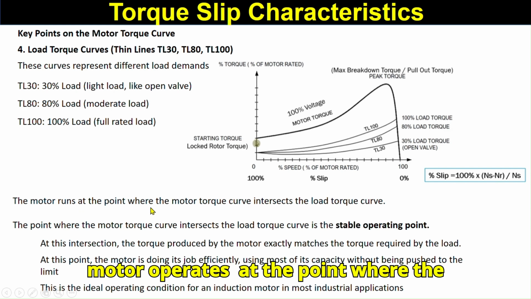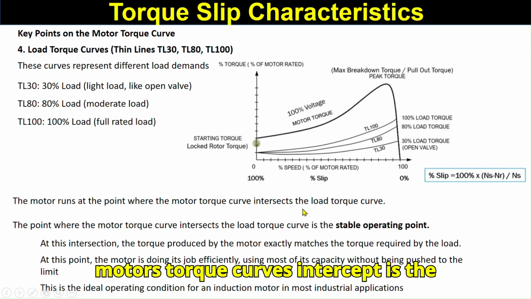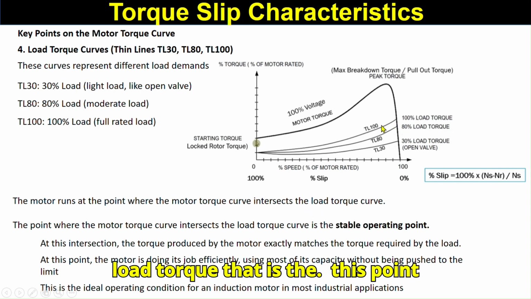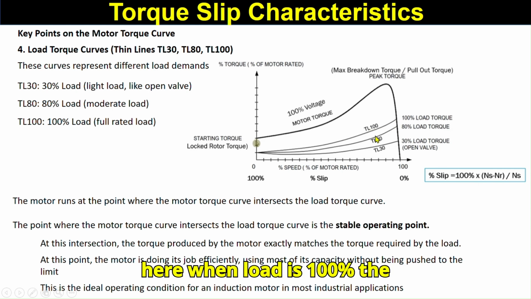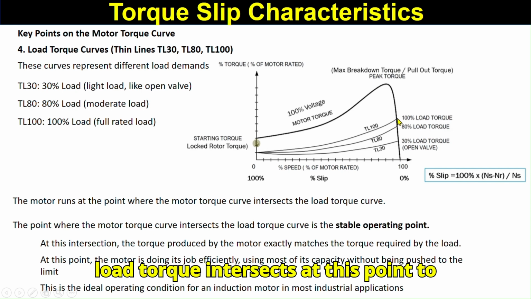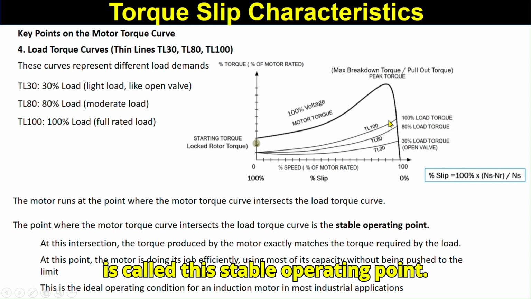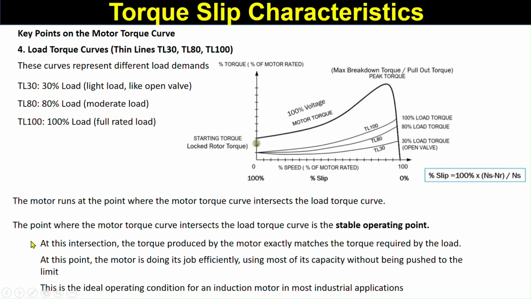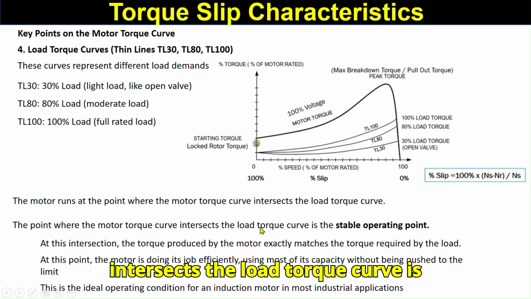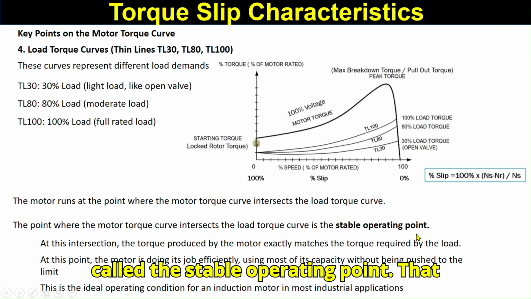The motor runs at the point where the motor's torque curve intersects with the load torque. Here when load is 100%, the load torque intersects at this point with the motor torque. The point where the motor torque intersects the load torque curve is called the stable operating point.